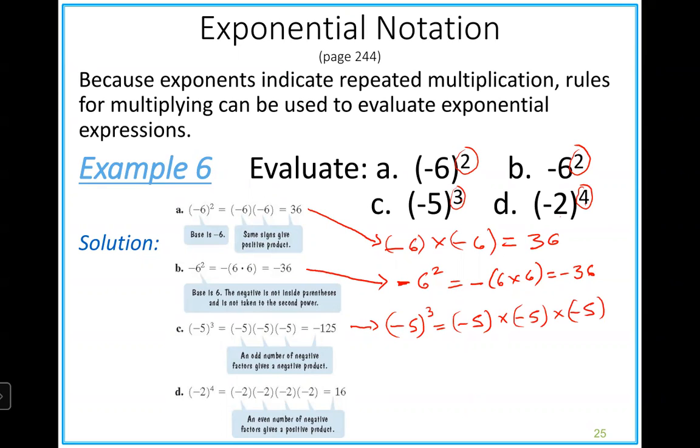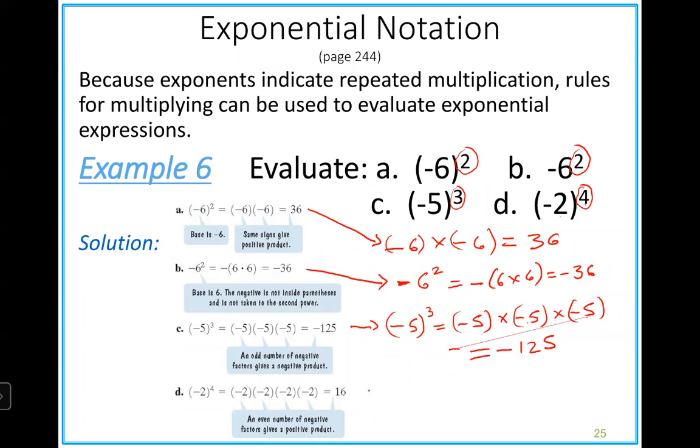So because you have an odd number of 5s here, you have 3 5s, your answer will be negative. Okay? So you say 5 times 5 is 25, 5 times 25 is 125. So your answer then is equal to -125. Because you have 3 5s you're multiplying.